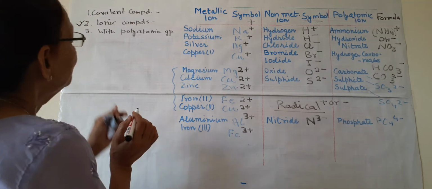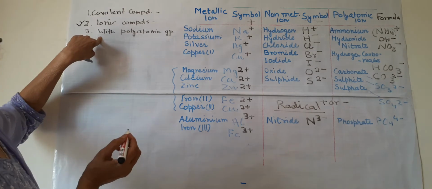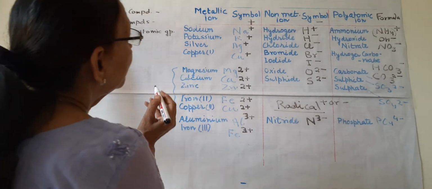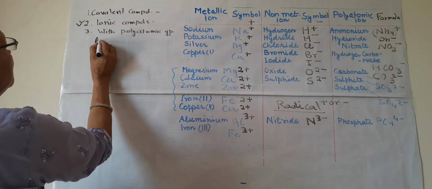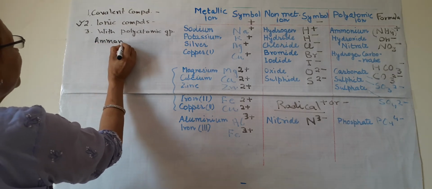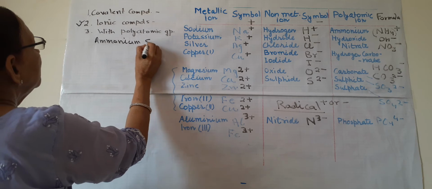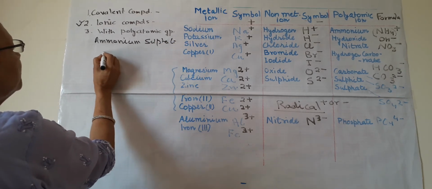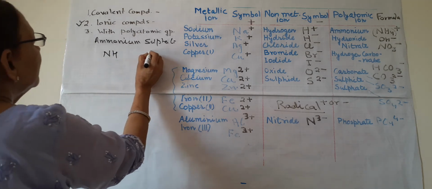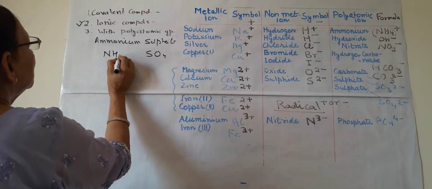Now I will take some compounds with polyatomic groups. First I will take ammonium sulfate. You know the formula of ammonium, NH4, and sulfate, SO4.